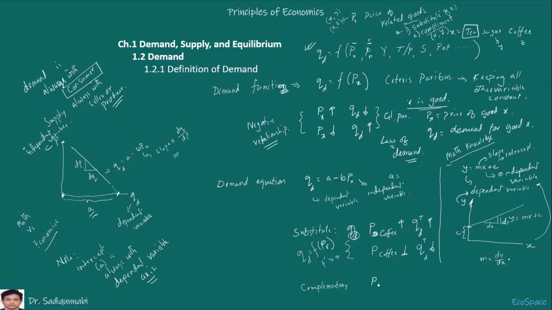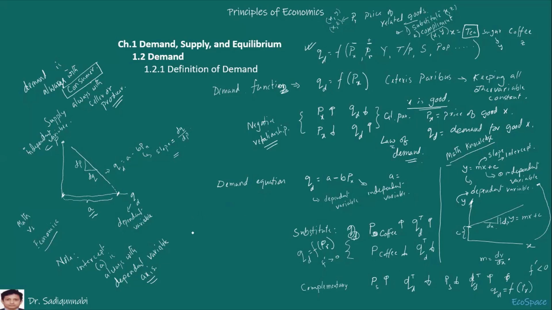Because when the price of sugar increases, the demand QD for tea decreases. When the price of sugar decreases, the demand QD for tea increases. So when we talk about the function, QD as a function of PR, the first derivative is negative.